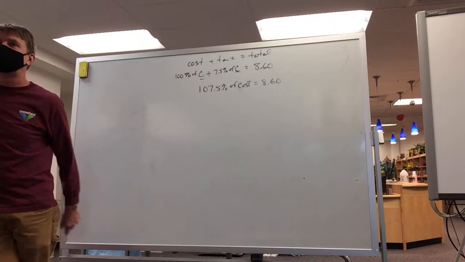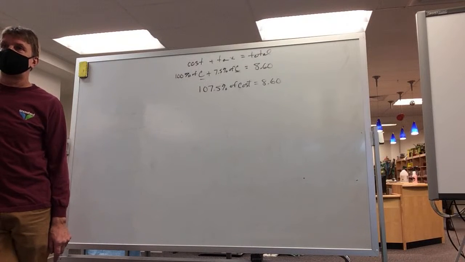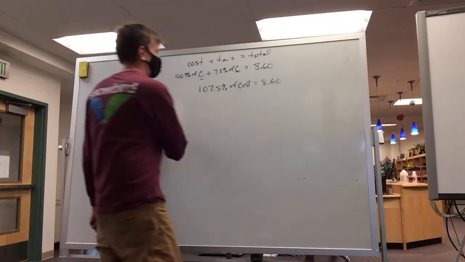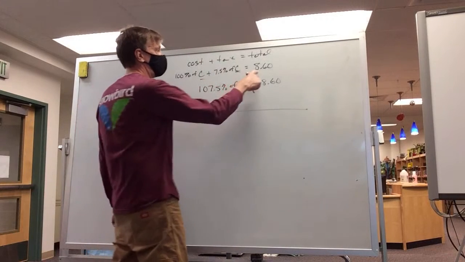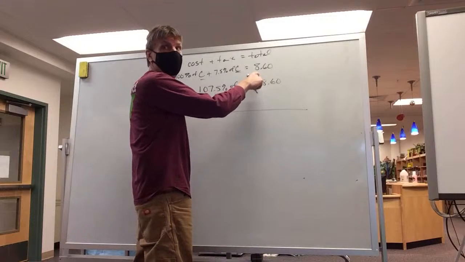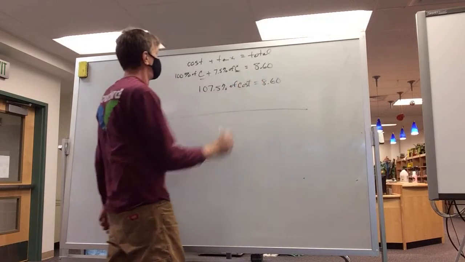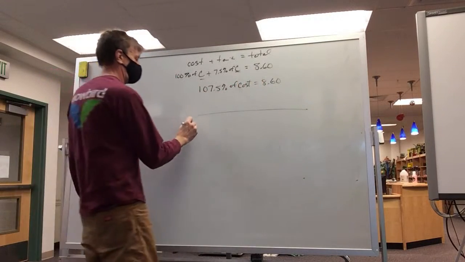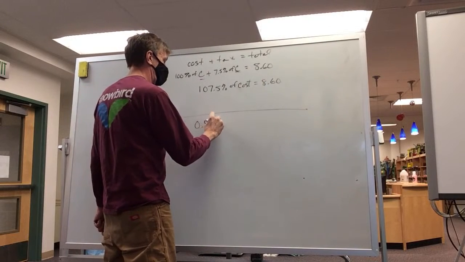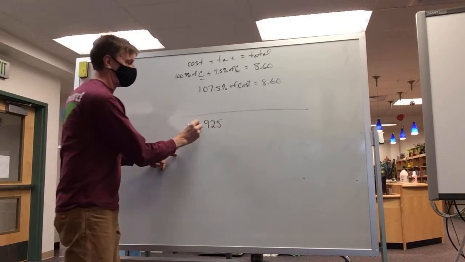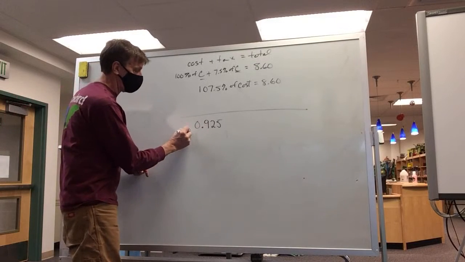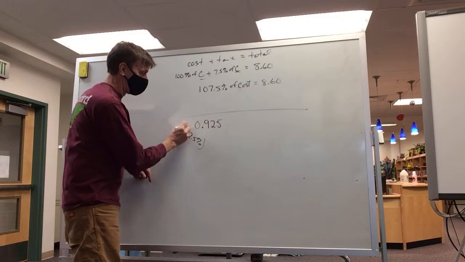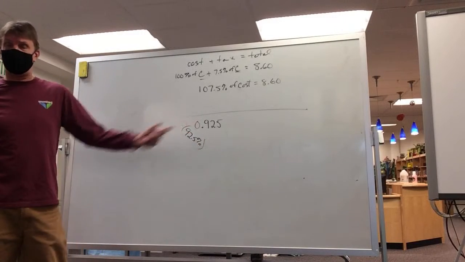Wait, what are you saying? I found it as a decimal, I did 0.925 of that cost, and then I multiplied it. So you did 0.925 of this? No, of C. So this is 92.5% written as a decimal. I'm just going to put that here. And then what did you do with that number?